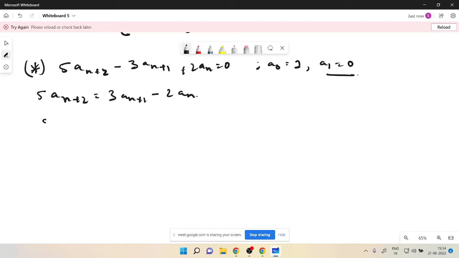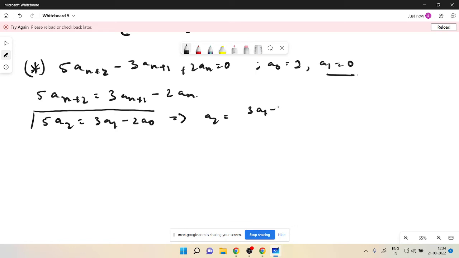So 5 times a2 is equal to 3a1 minus 2a0. Keep this aside. So a2 is equal to 3a1 minus 2a0 by 5, right?